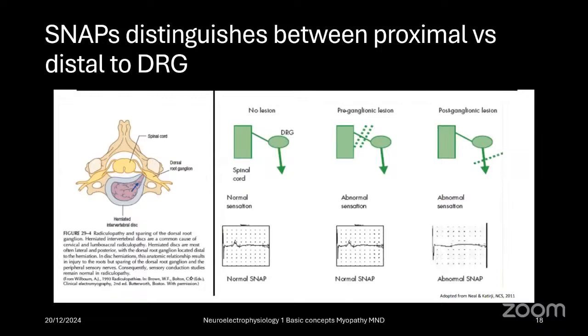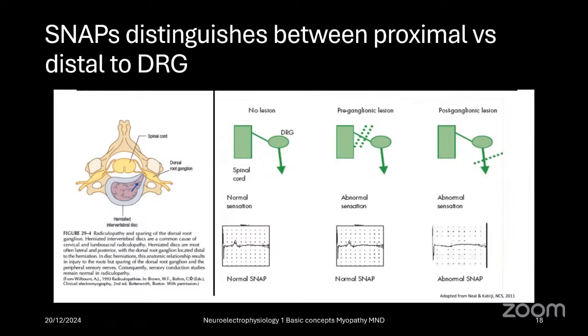SNAPs are basically important to tell whether the lesion is preganglionic or postganglionic, and that's what is depicted in this picture. You can see the dorsal root ganglion, which is situated here, and that is the point. If there is a lesion beyond that, you will not have any SNAP, meaning the SNAPs are abnormal.